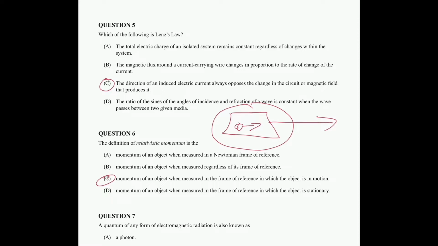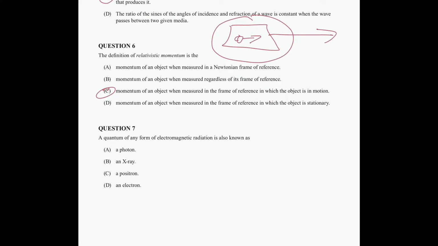Now, question 7, a quantum of any form of electromagnetic radiation is also known as, again, memory, let's just go through the list: a photon, an X-ray, positron, an electron. And we know a quantum of any form of electromagnetic radiation is just a photon.